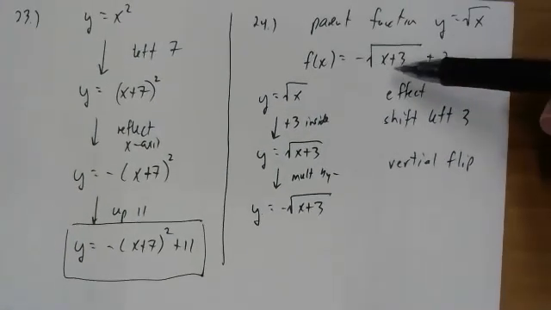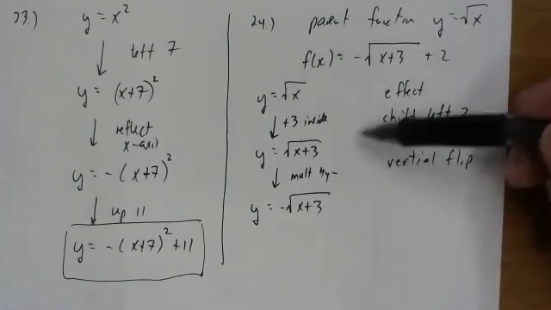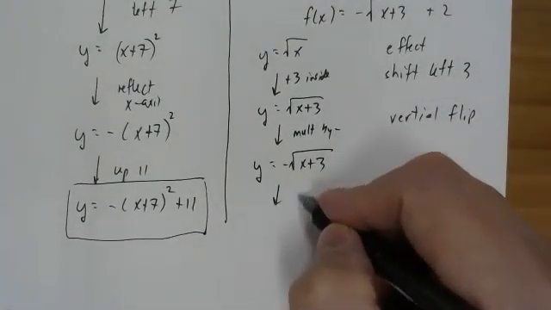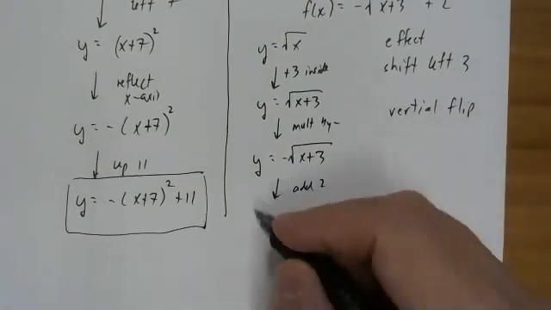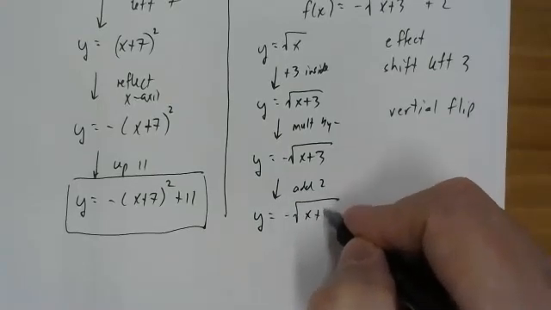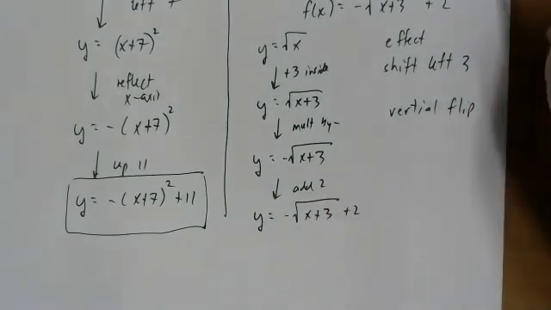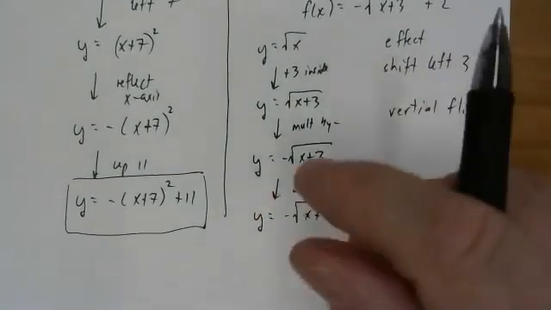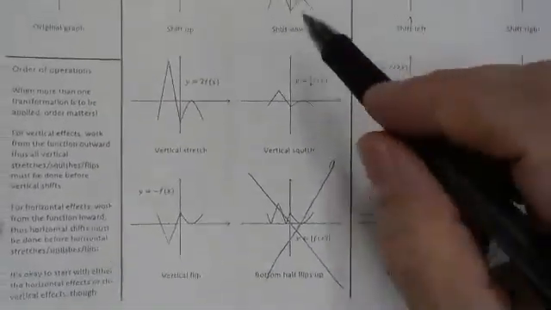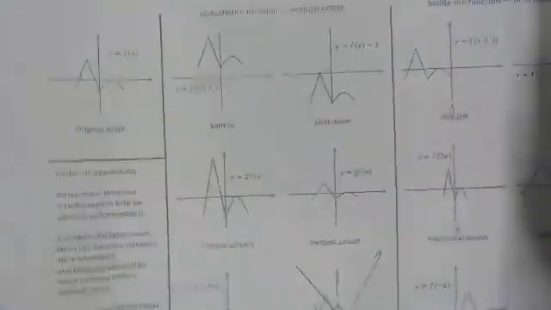And now here's my ultimate goal. There's only one thing missing. I have to add the 2 on. Then I get my final function. What's the impact of adding 2 on to the end of the function? On my little cheat sheet, when you add 2, it's a shift up.